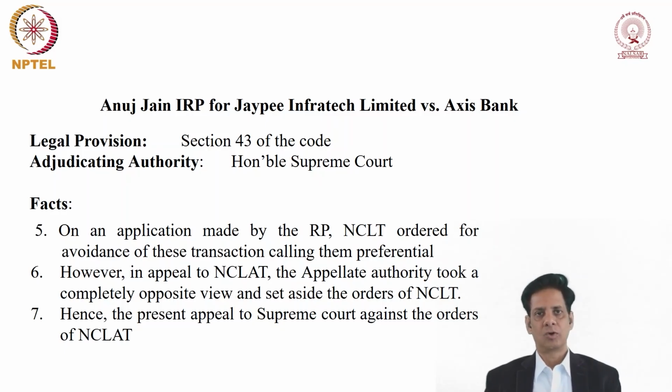One learned honorable adjudicatory authority goes in favor of an RP or a liquidator and calls a certain transaction preferential. On an appeal, the appellate tribunal takes a complete 360-degree turn back and actually favors the appellants, saying that there is no preferential transaction. This is the uncertainty in the legal system. But anyway, we are not going to debate on those.